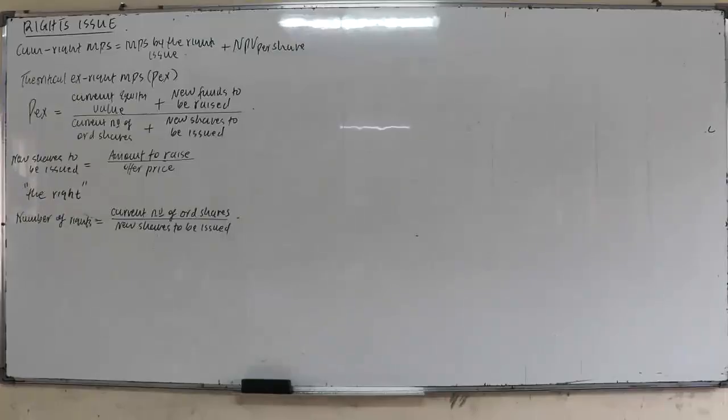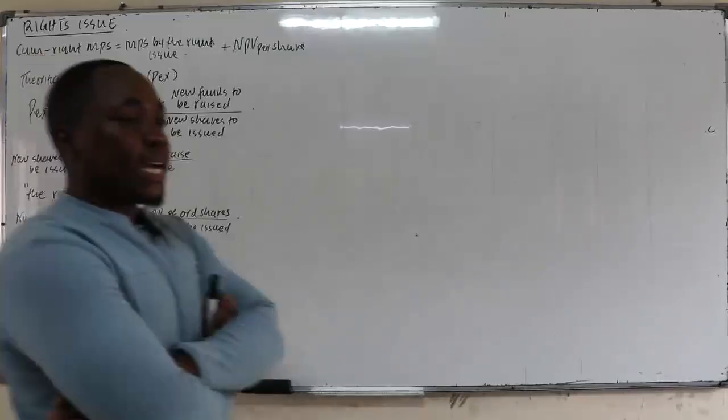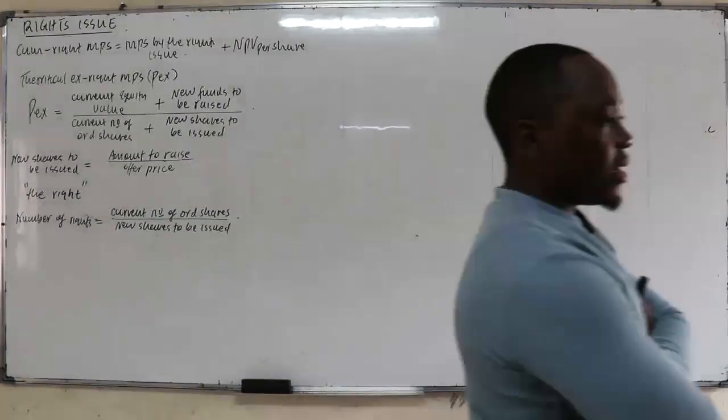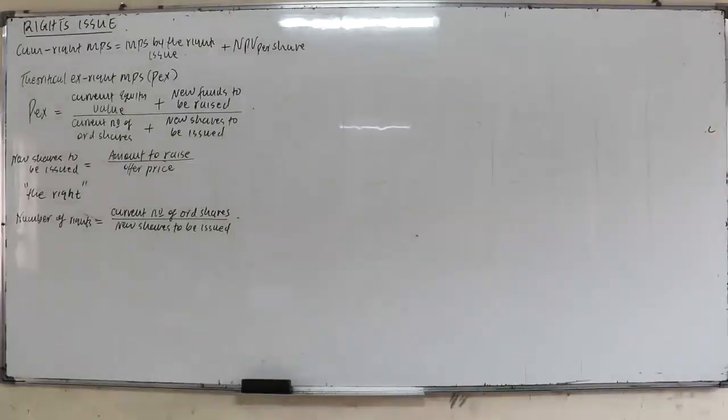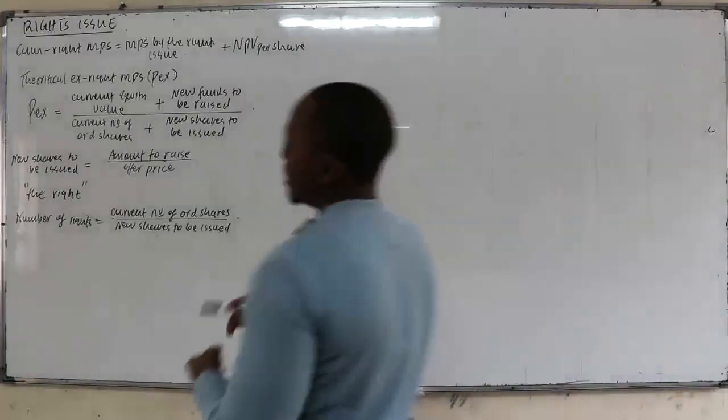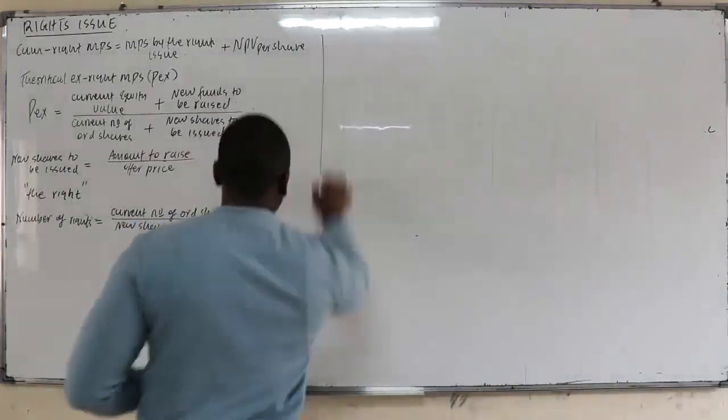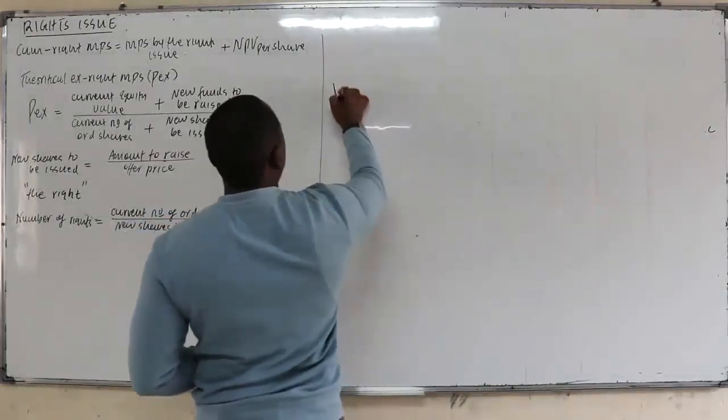Another point: each right has a value attached to it, determined as follows. So how do we get the value of the right? We have three formulas we can use.